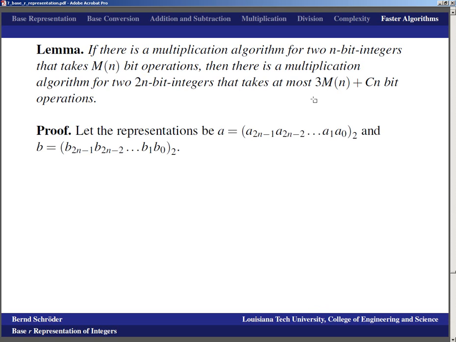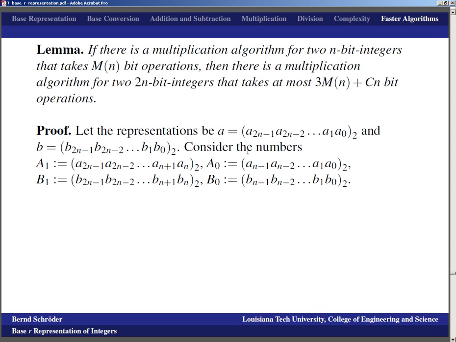We take the bit representations, and we consider the numbers that are obtained by splitting them. We take the top n digits of A and call that A1. We take the bottom n digits of A and call that A0, and we do the same thing with B and call that B1 and B0.